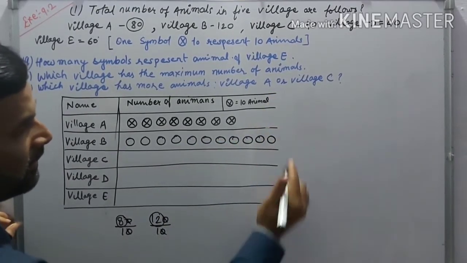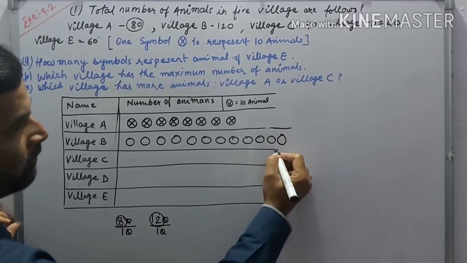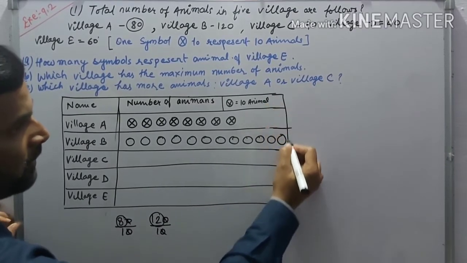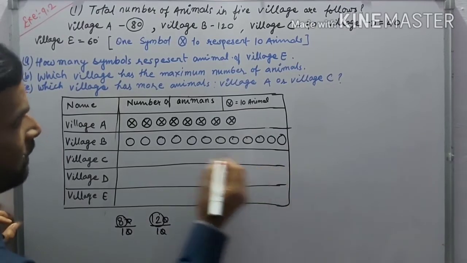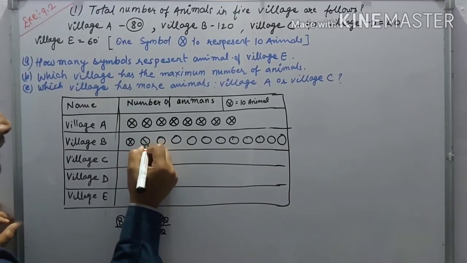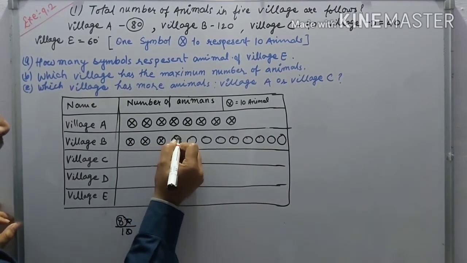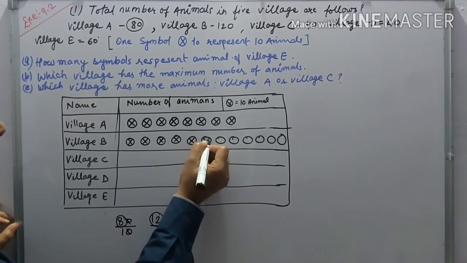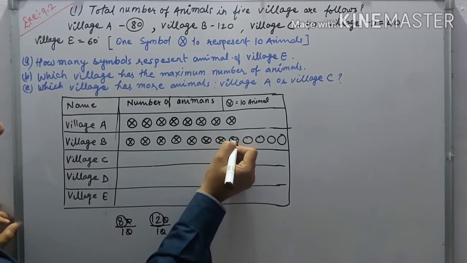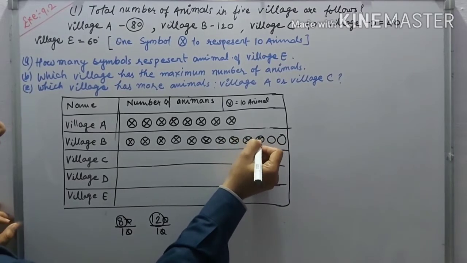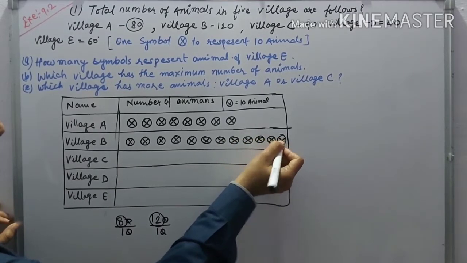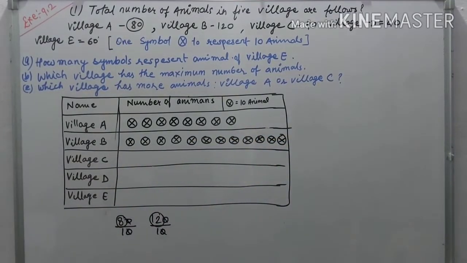Now increase the table to 12, and make the symbol the same. Now count how many symbols, it is 12 symbols.